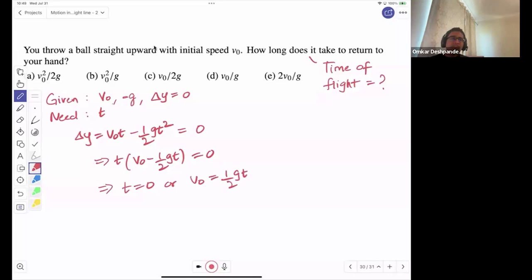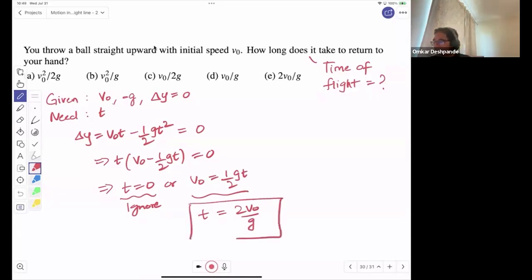One of the solutions is t equal to 0, which we already know because if it's launched upward with initial speed v0, it's obviously in my hand. So there's no displacement at that point. This is something we'll ignore, that's just the initial condition. Then v0 is half gt, so after some time, namely t equal to 2v0 by g, we are again going to get delta y to be 0. So delta y was 0 at the very beginning, and then it's also 0 after the time 2v0 by g.